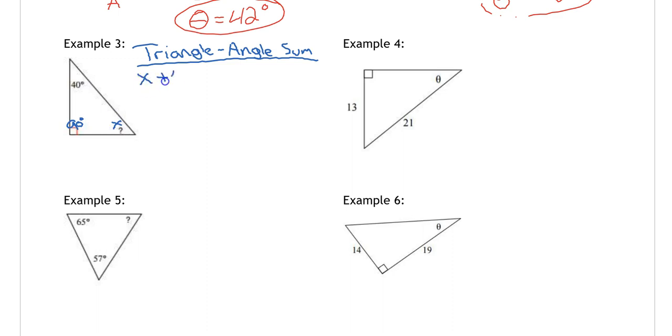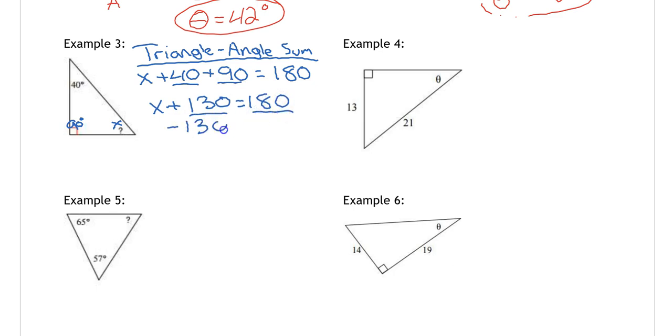So x plus 40 plus 90 has to equal 180. X plus 40 and 90 are on the same side, so I'm just adding them. Then 130 and 180 are on opposite sides, so I do the opposite. So x equals 50 degrees there.